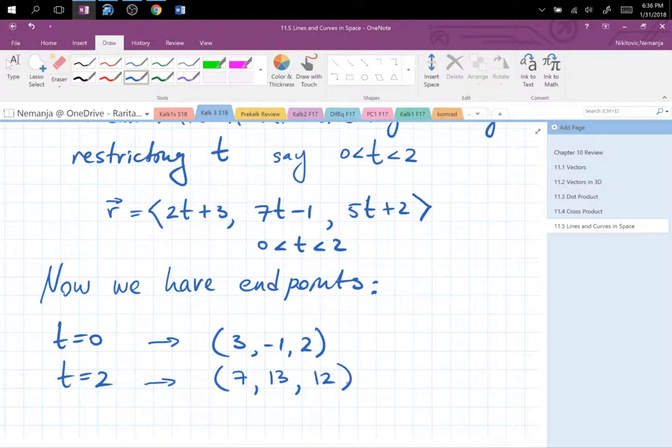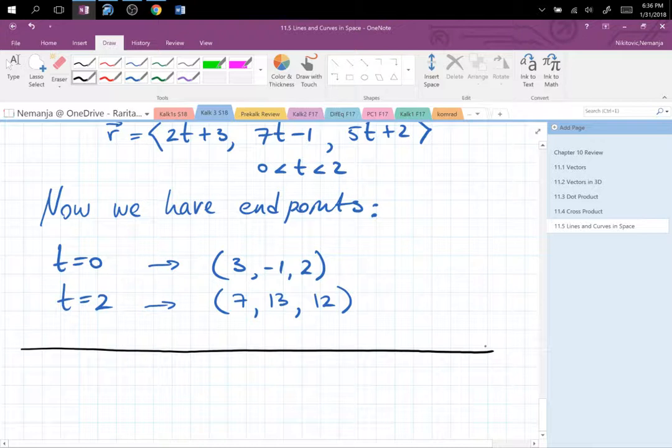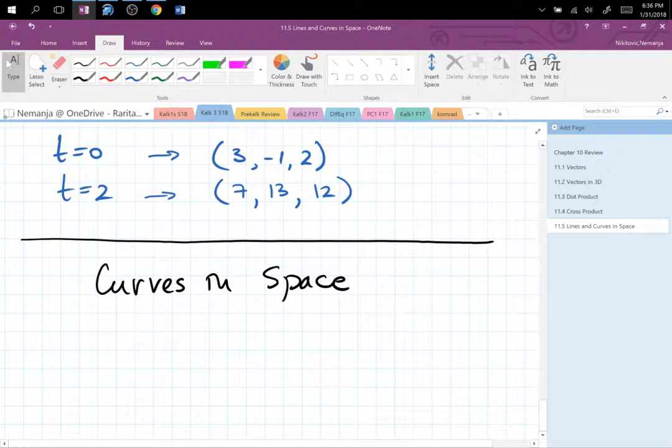So now, as we are moving to talk about the curves in space, again, we are limiting ourselves to 3D because it's Calc 3. More of this linear algebra, you want infinite dimensions. So, curves in space. Again, 3D.